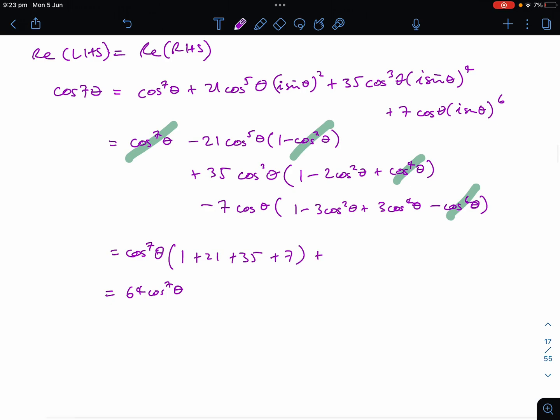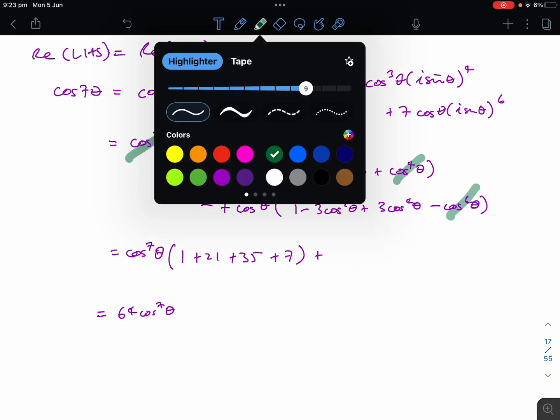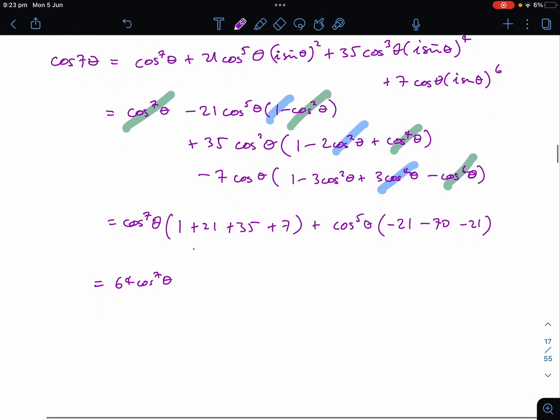So with that little bit of confidence, let's plunge into cos to the fifth theta. Let's highlight that in blue. So 21 of them, minus 70 of them, minus 21 of them. So it's going to be cos to the power of 5 theta, negative 21, negative 70, and then negative 21 again, plus cos cubed theta, which we might highlight in just yellow.